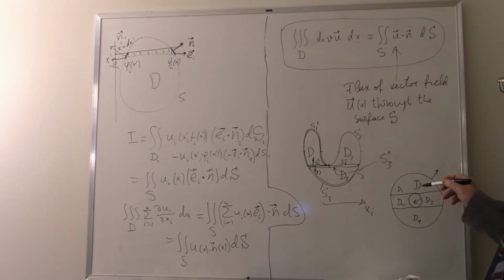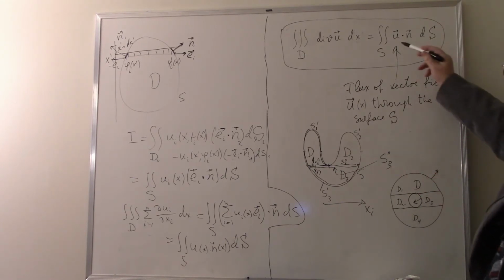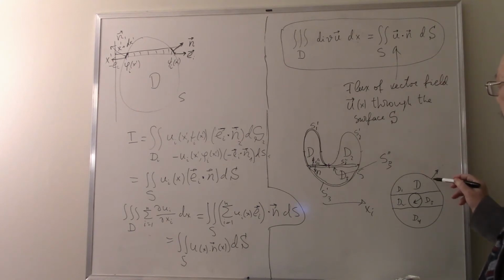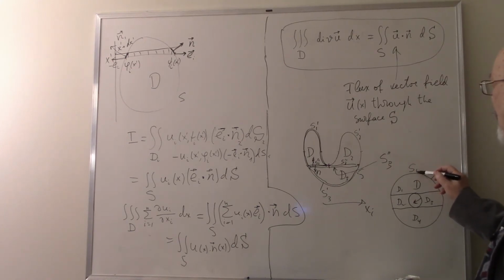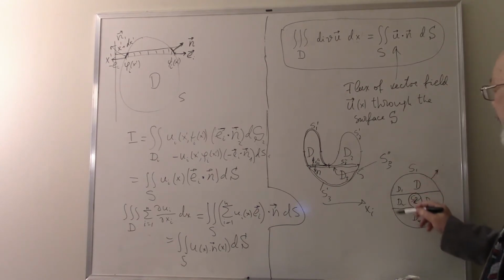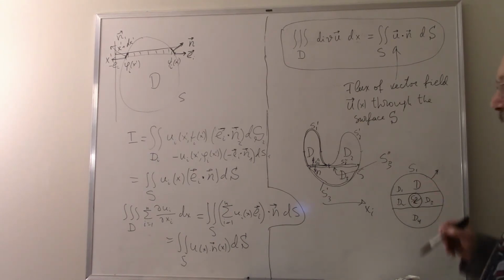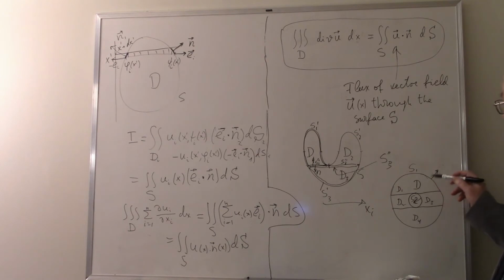In this case, the left-hand side is the integral of divergence over this annular domain, and the right-hand side is the sum of two integrals, over S1 and over S2: the integral over this part of the boundary plus the integral over that part. And we should not forget that here the normal looks outside of domain D, but inside this hole in domain D.